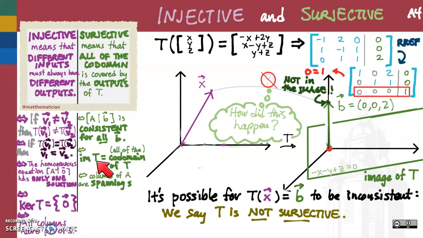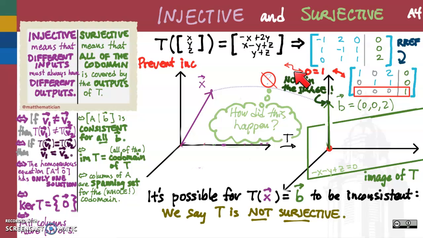Remembering that the image of a linear transformation is spanned by the columns of its standard matrix, this also tells me that the columns of my standard matrix, if my transformation is surjective, need to be a spanning set for the entirety of the codomain. Because if my columns span the entire codomain, it will not be possible for me to pick a b vector which is not equal to a linear combination of the columns of my standard matrix. And therefore, we must have a consistent system.